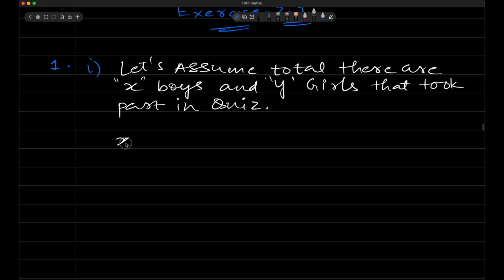So total, that is total number of boys plus girls, equals to 10. That is the first equation.